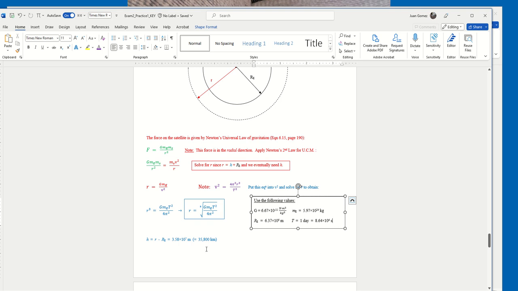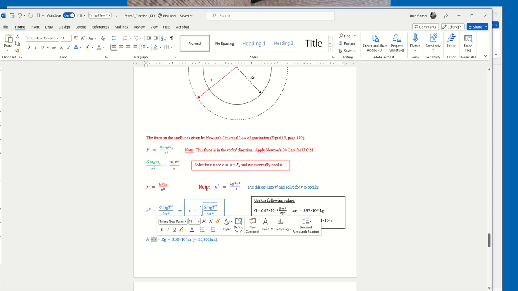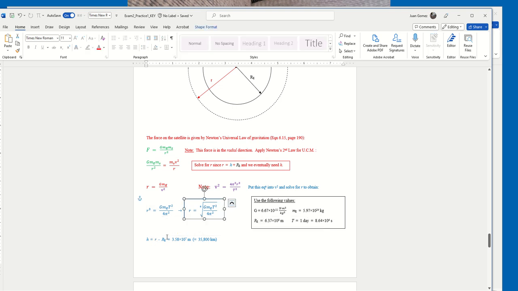So plug those values in and you'll get a value for r. Then h is simply equal to r minus RE, and you'll get 3.58 times 10 to the 7th meters. I guarantee you. So work through the algebra.